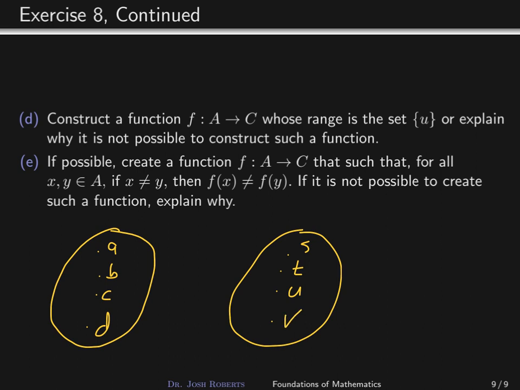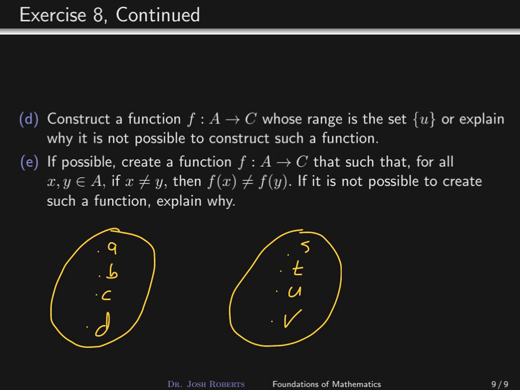It's saying, is it possible to make a single function? I'm not saying find all the possible ways to do this, but can you take a single function so that whenever I have 2 different elements over here, their images are going to be 2 different elements over here?